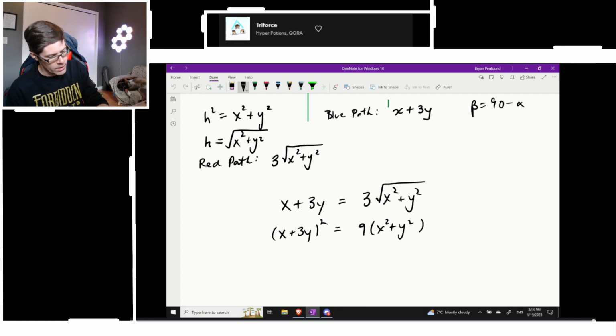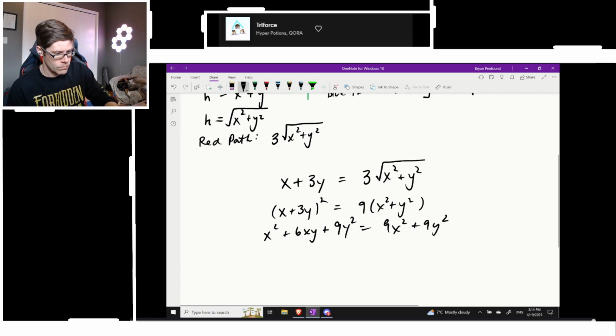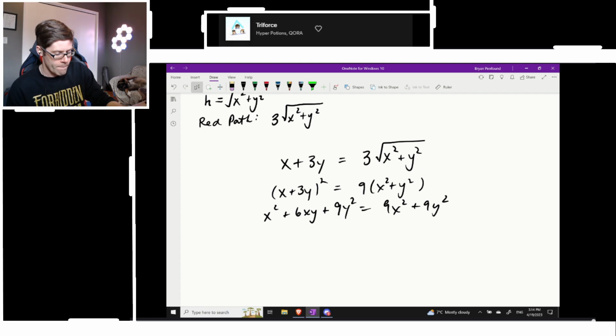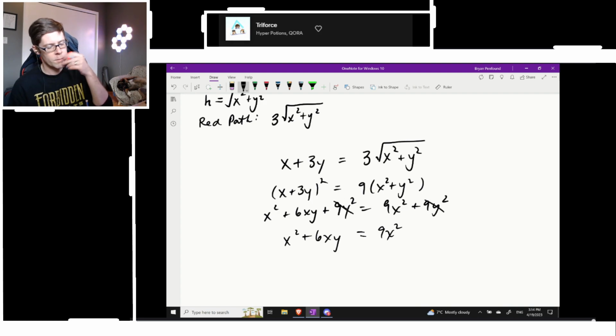We could expand the left side, so we get x squared plus 6xy plus 9y squared, and this will be 9x squared and 9y squared. And just for the sake of argument, let's maybe get rid of those.